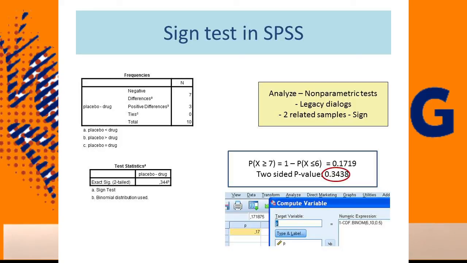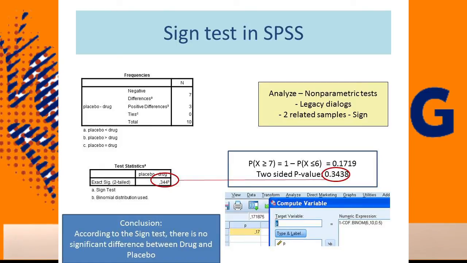Doubling this value will give 0.3438, which is the same as the result of the sign test, rounded to 3 decimal places. The conclusion is, according to the sign test, there is no significant difference between hours of sleeping after drug or placebo.